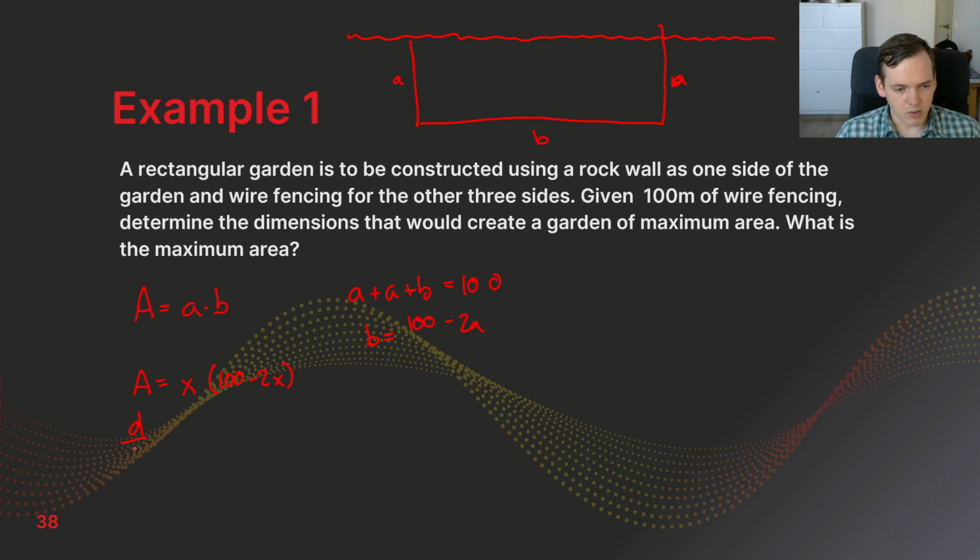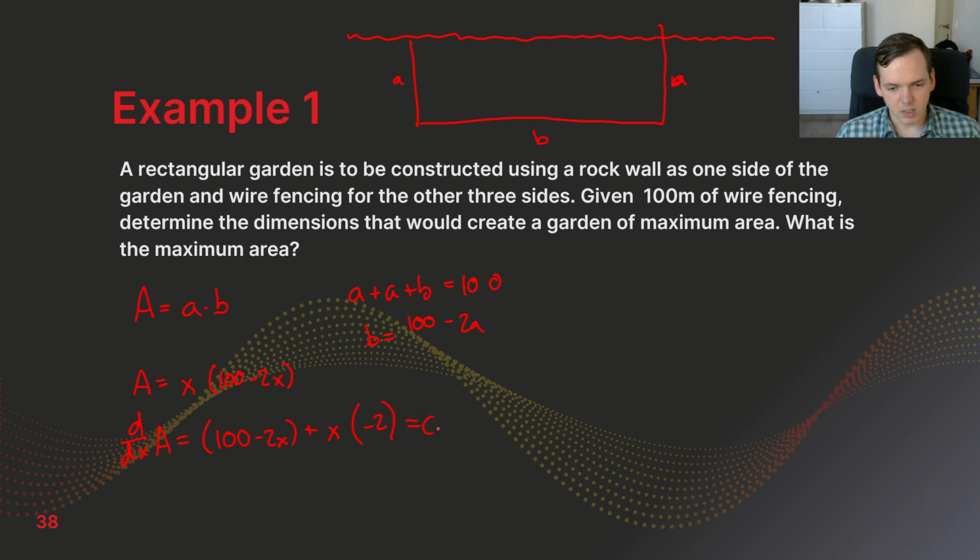So then the derivative of area, because we're trying to find the maximum, is going to equal, we can use the product rule here, the derivative of the first term times the second, 100 minus 2x, plus the first term times the derivative of the second, which is going to be negative 2.